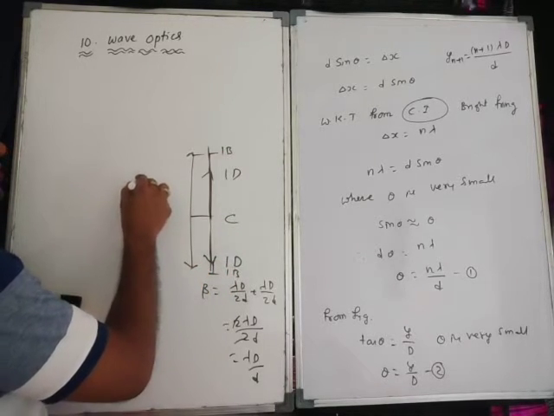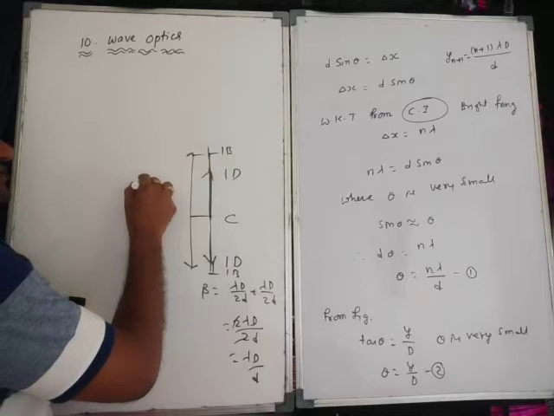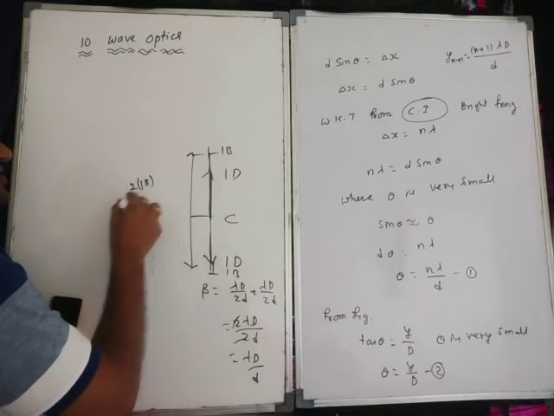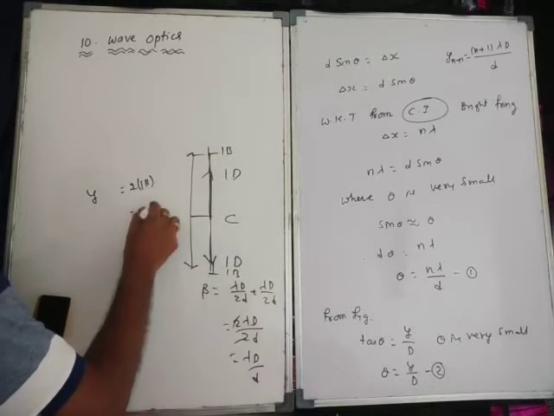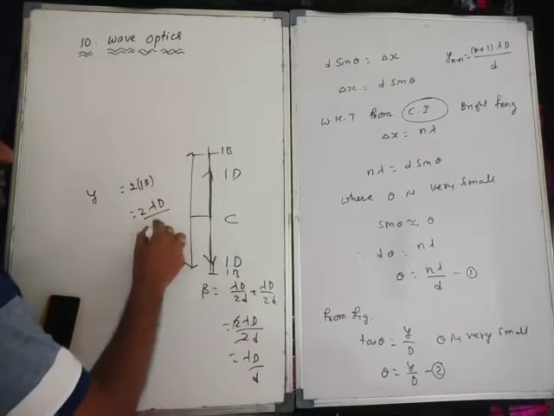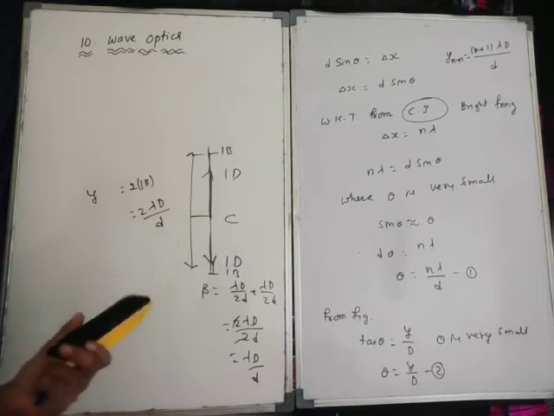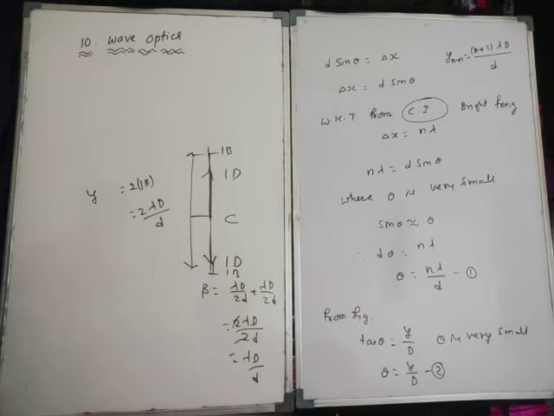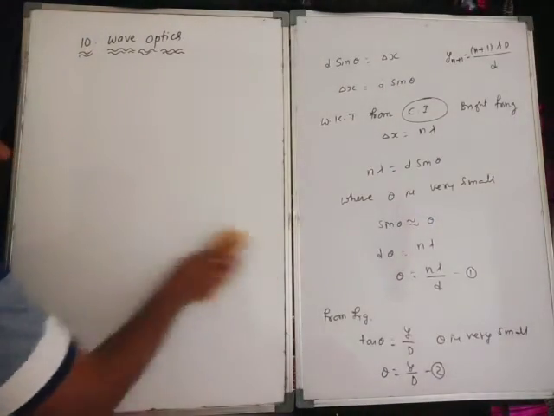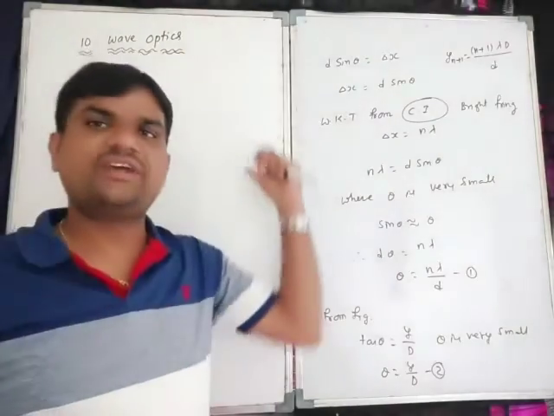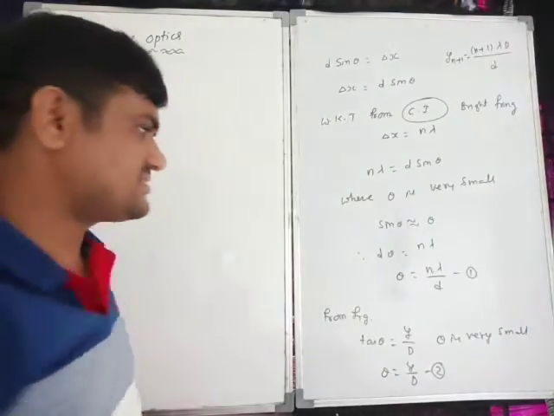So 2 times the first bright: y is equal to 2 lambda D by d. Like that it will go. But those are rare cases, they won't ask. They will ask only on one side itself.